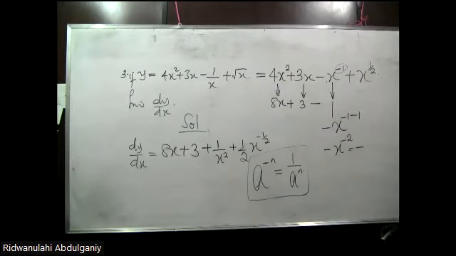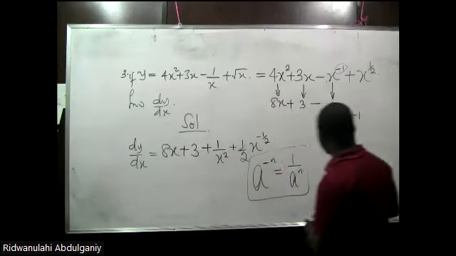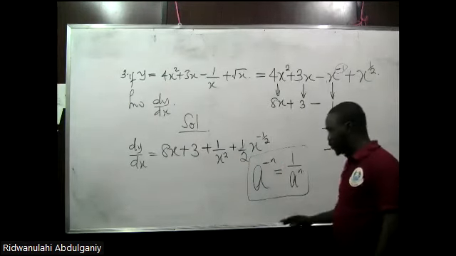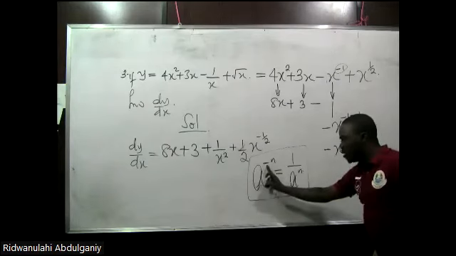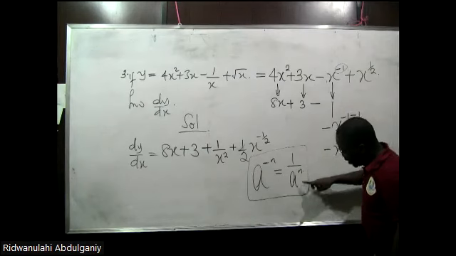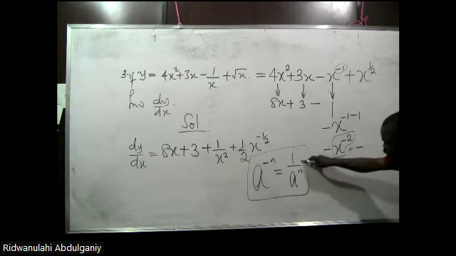Sir, please, I didn't get the question. The network, sir. Okay, you didn't get the question. I said according to the law of indices, a raised to the power minus n is 1 over a raised to the power n. How can we write x raised to the power minus 2 using this law?